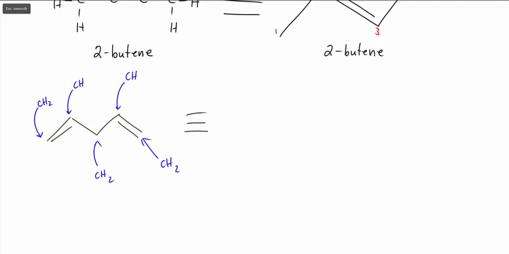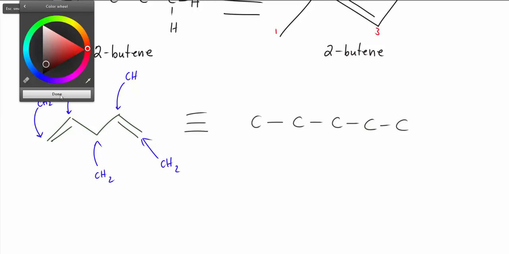So I have a 4-carbon system, and I need to draw out 4 carbons. So there's carbon bonded to carbon, bonded to carbon, bonded to carbon. 1, 2, 3, 4, 5. 5-carbon system. So we have 5 carbons, and I can draw out a 5-carbon chain.